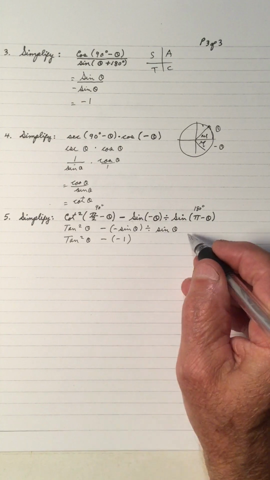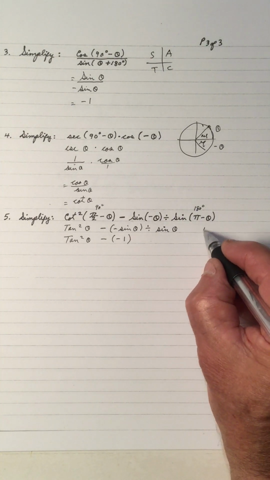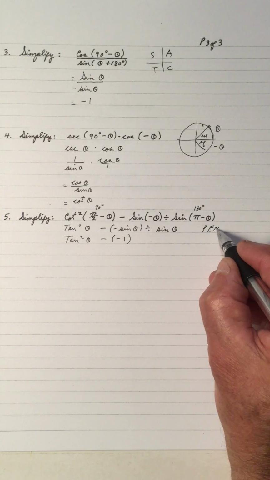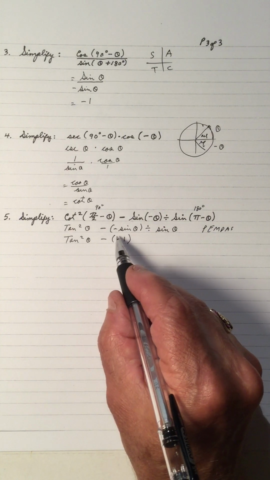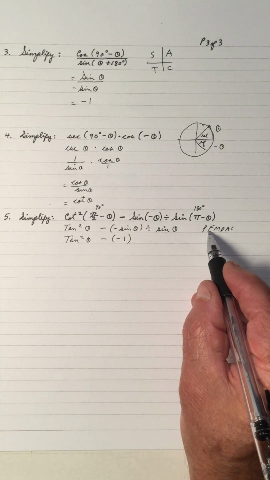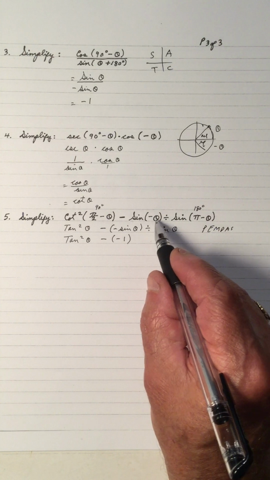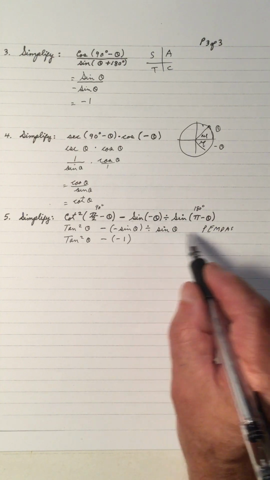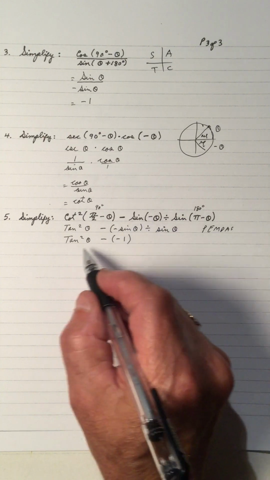We have to do PEMDAS: brackets, exponents, then multiplication and division. We got to do division before we do multiplication. We did it. Now we got to do the subtraction.